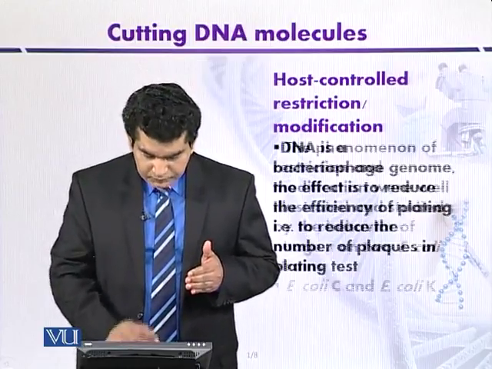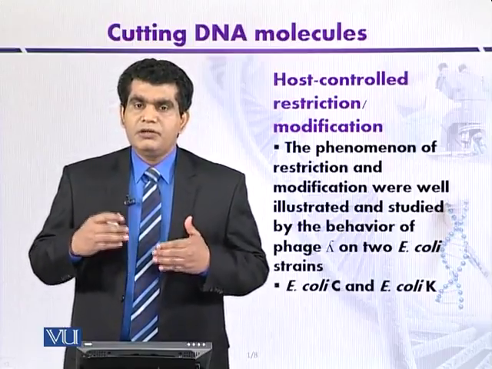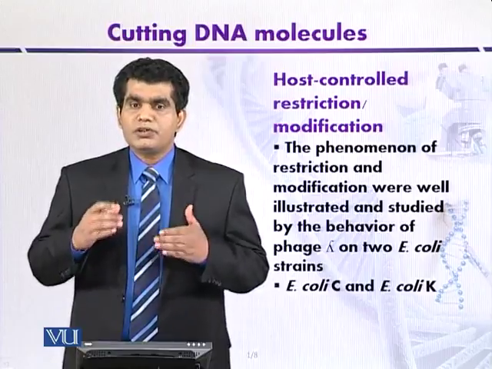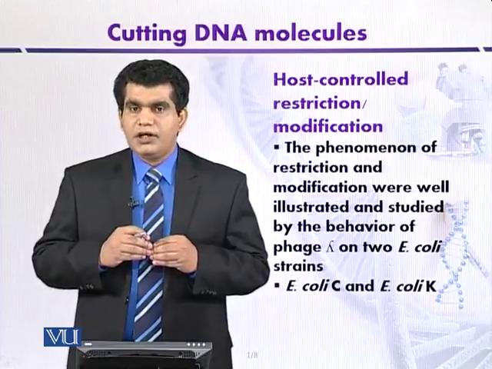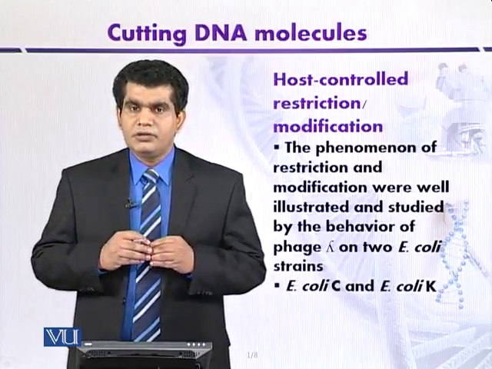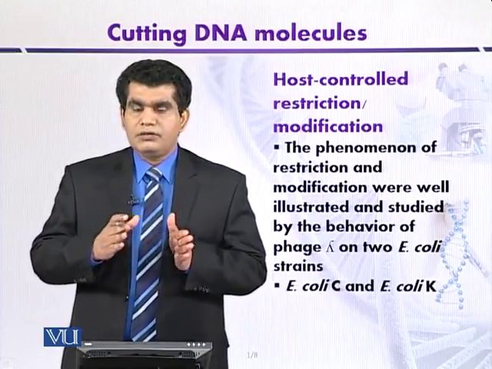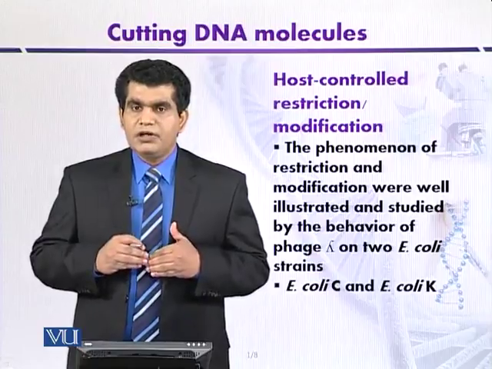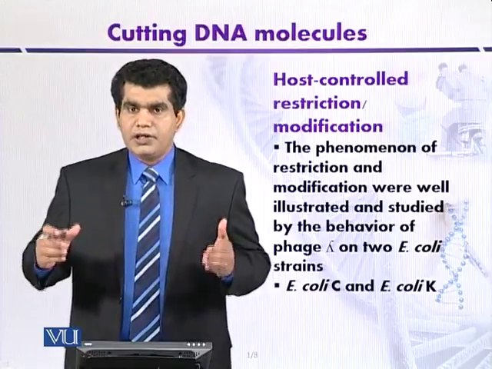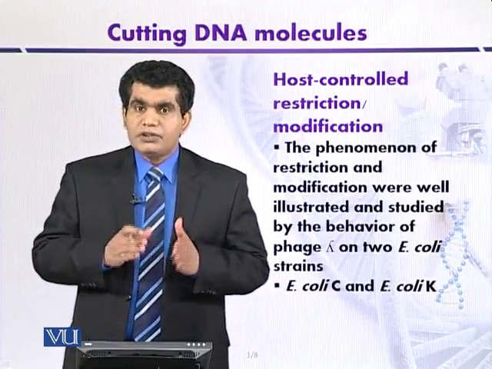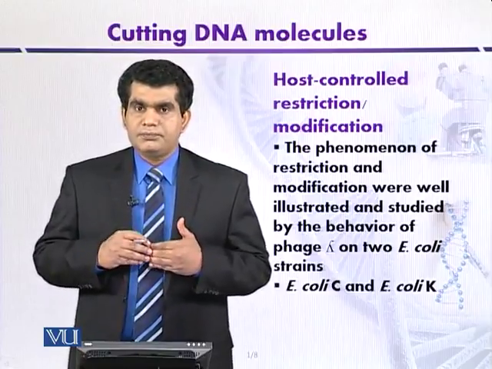So this mechanism of restriction and modification we can study by using two host strains of E. coli. One is E. coli C and the other is E. coli K. If bacteriophages are first grown on the first strain, E. coli C, and then propagated on E. coli C and E. coli K, then in the first strain, E. coli C, the bacteriophages will not be restricted.